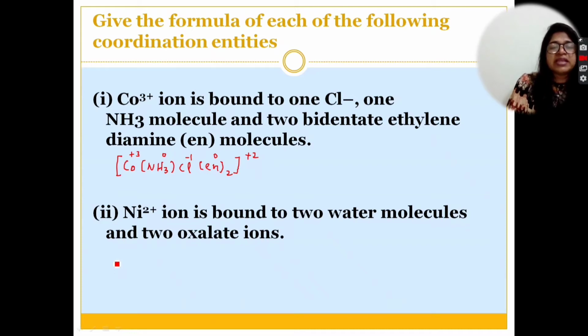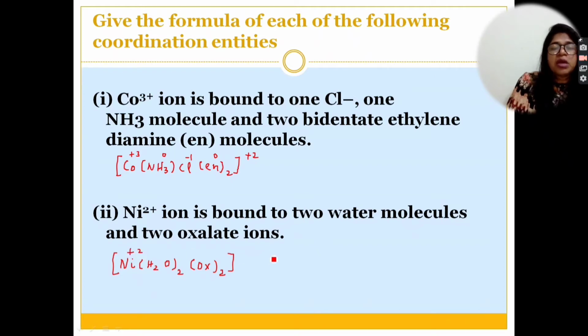Look at the next question. Ni2+ ion is bonded to 2 water molecules. So open the square bracket. Central metal ion is nickel, Ni. 2 water molecules, H2O. Aqua comes alphabetically first. Write that close to Ni. H2O 2 times. 2 oxalato ions. Oxalato in short is represented by ox. 2 are there. And what is the charge of Ni?